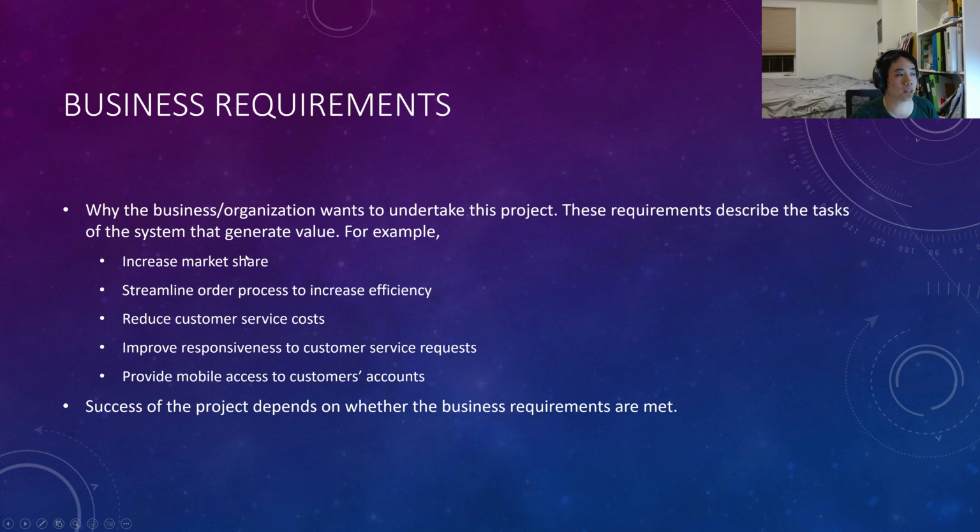For example, what will help increase the market share? Or maybe a system that will improve a process and make everything run more efficiently. Or maybe you want to give mobile access to customers' accounts, making everything more convenient. And there are more examples you can think of. I'll leave that to you.